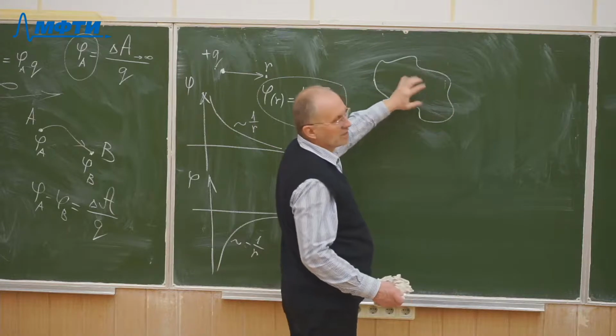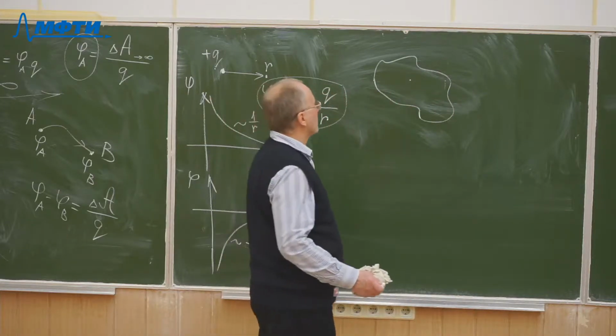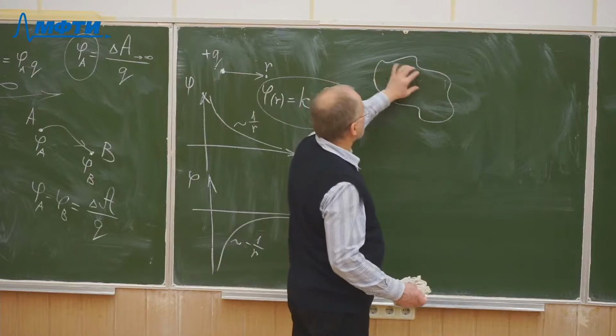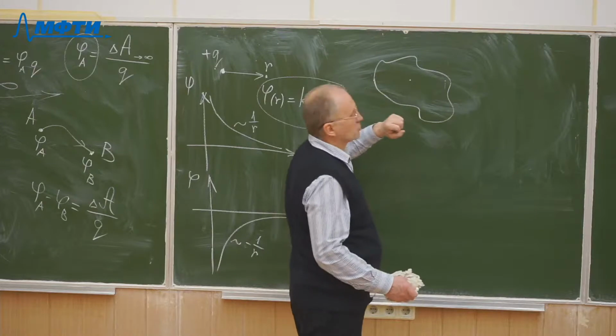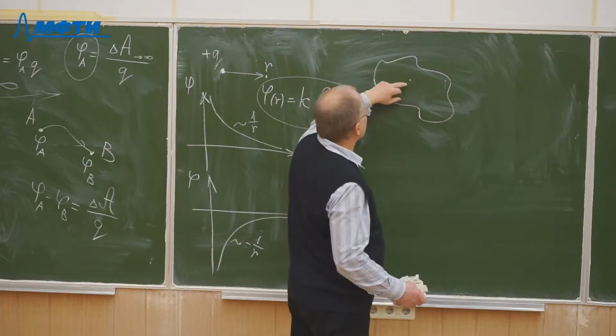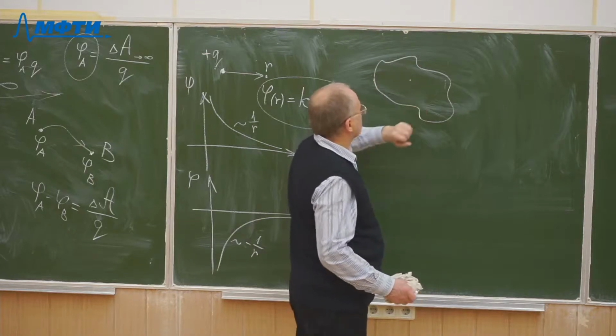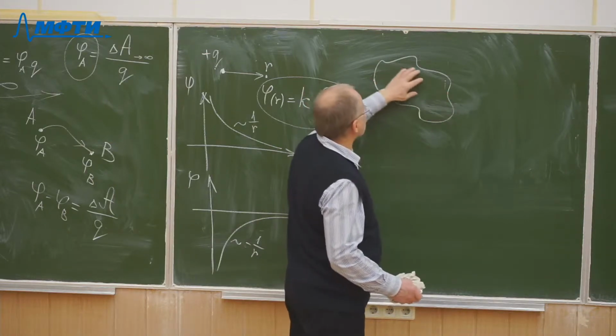They can move only due to thermal motion, but no microscopic currents should exist in electrostatics. So no forces act on charges inside the conductor, and therefore no field is inside the conductor.